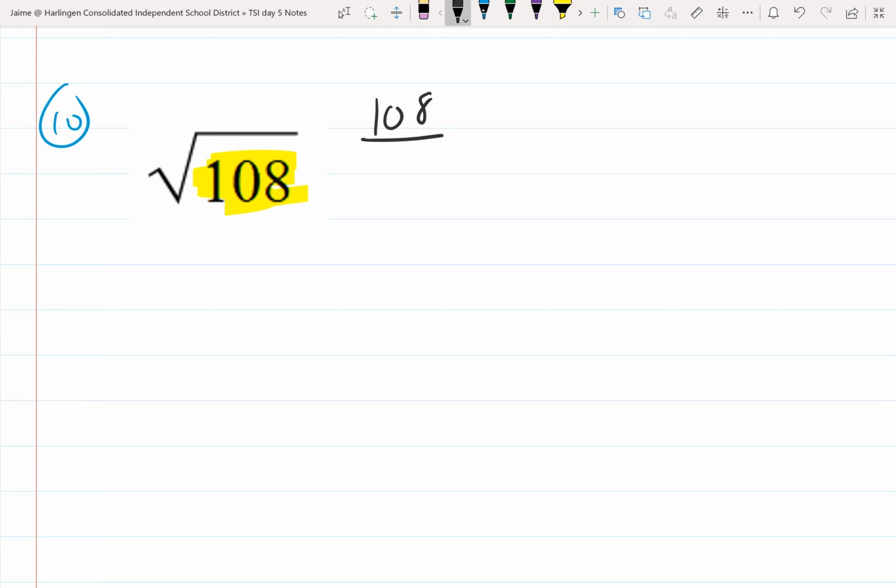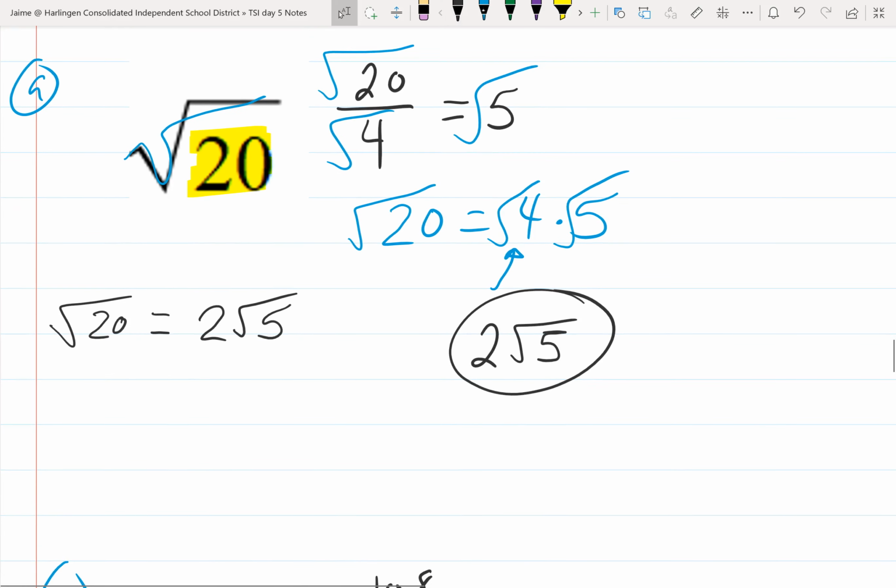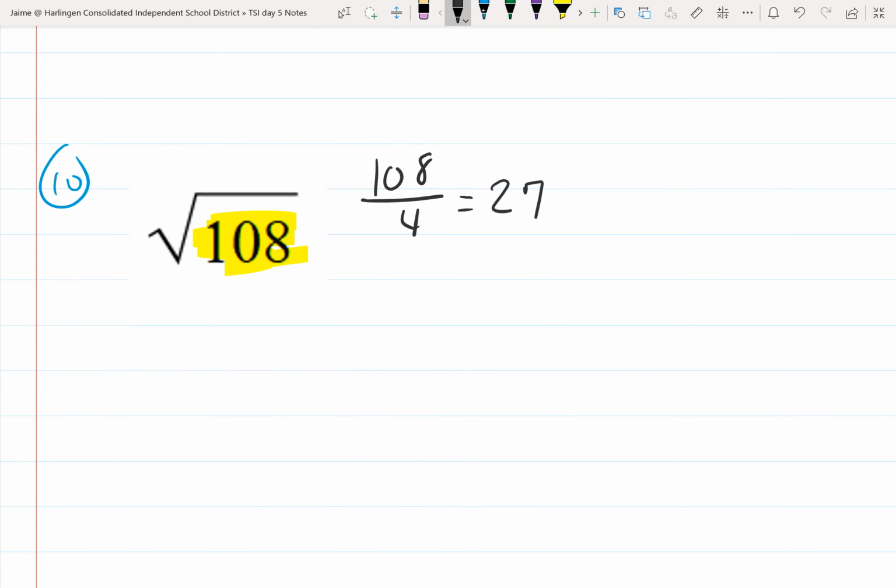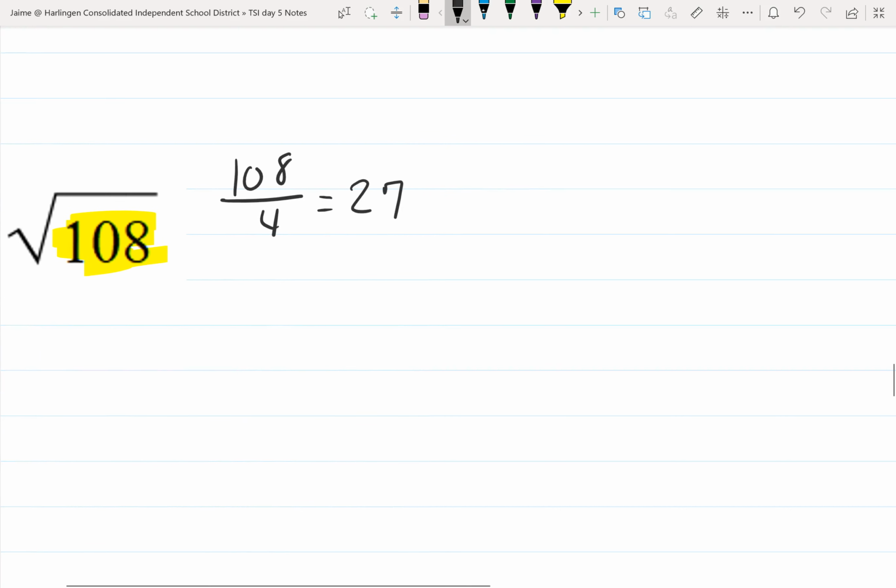What's the first number we try? You try 4. So you put 108, then you divide that by 4, and if you have to do it old school, there's no calculator, right? You're going to get 27. Hey, I like 27. That works. Yes, but if you notice, when we divide it over here, we got 5, and 5 is a nice single digit. I don't want double digits, so let's try another number. So that's a maybe.